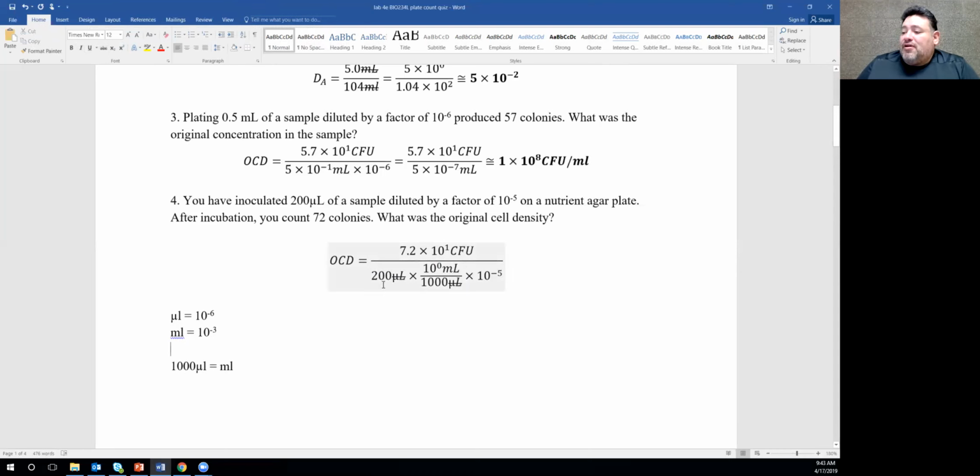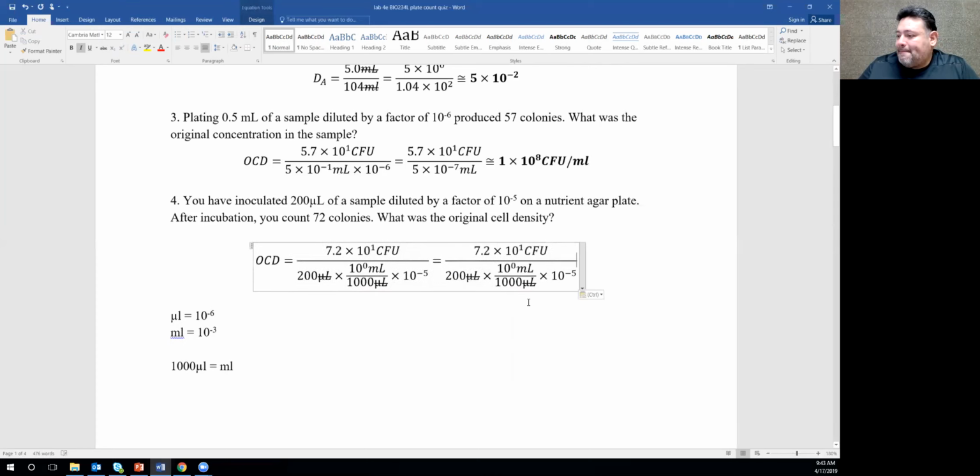So we're going to divide 200 by 1,000. Okay. So what I'm going to do is copy all this stuff here and put it over here. And 200 divided by 1,000 is 0.2.